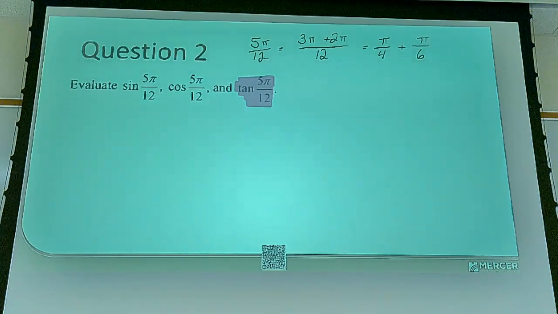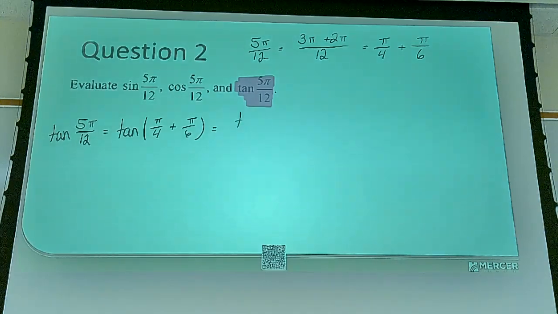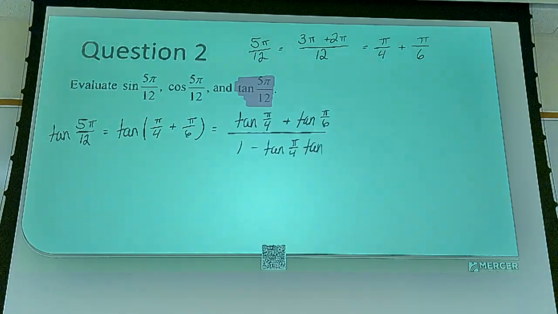The sum identity for a tangent. I'm going to get tangent pi over 4 plus tangent pi over 6 over 1 minus tangent pi over 4 times tangent pi over 6.